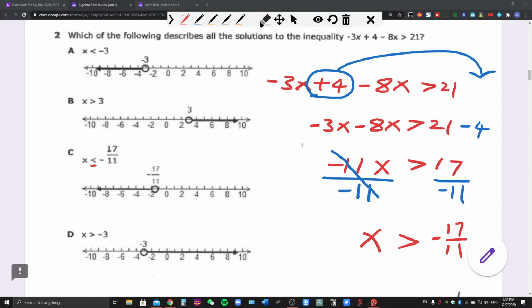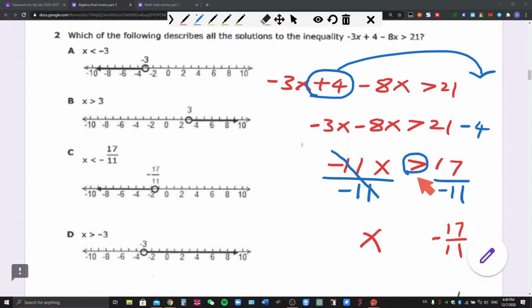The reason is, remember, this is the only difference between inequality and equation. For an equation, if you divide by this, you just divide. While for inequality, if you divide by a negative number, here we divided by negative 11, this sign will also flip.